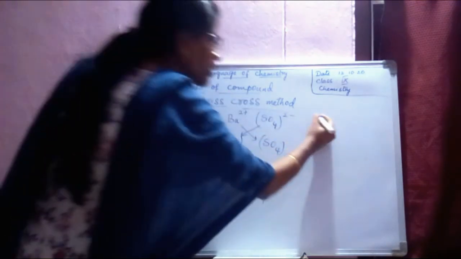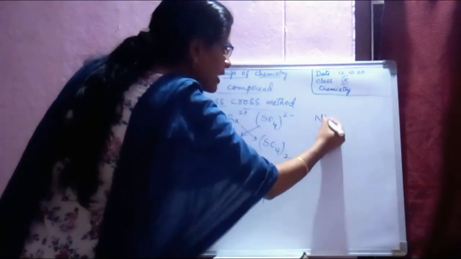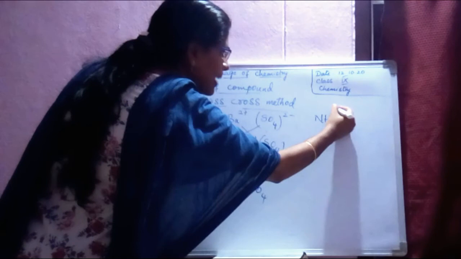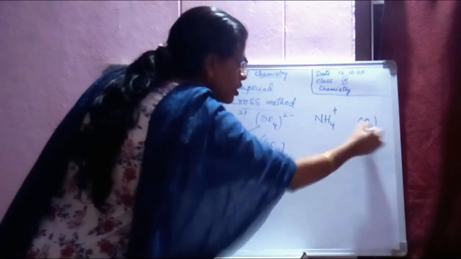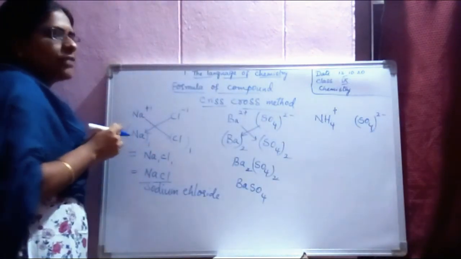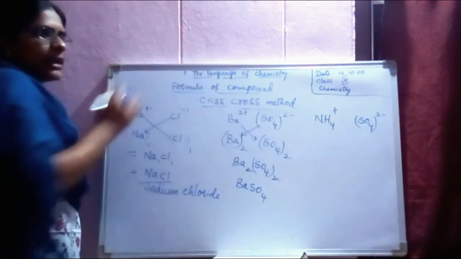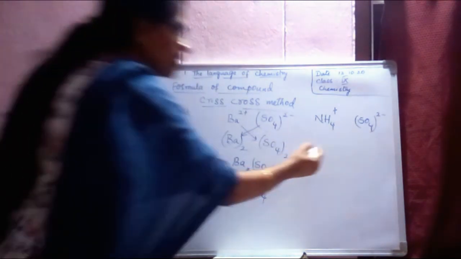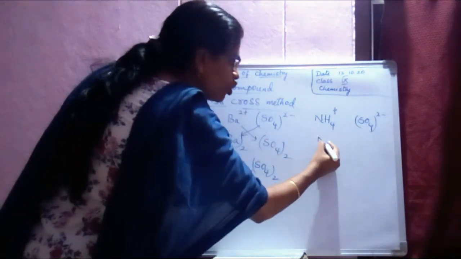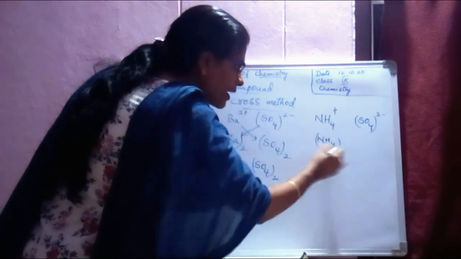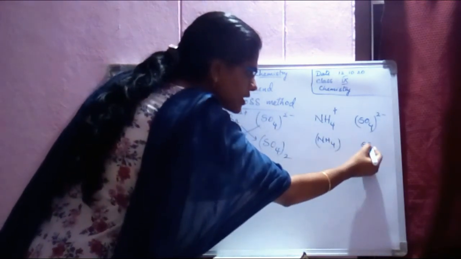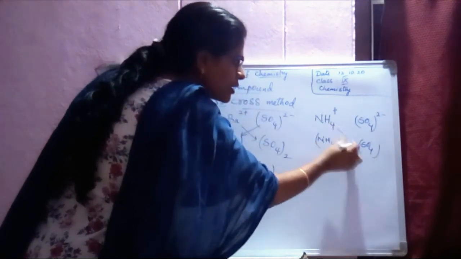Next one you see. NH4 plus, SO4 2 minus. I have a cation and an anion. Now look here. Don't remove these numbers. NH4 again you write, SO4 again you write.